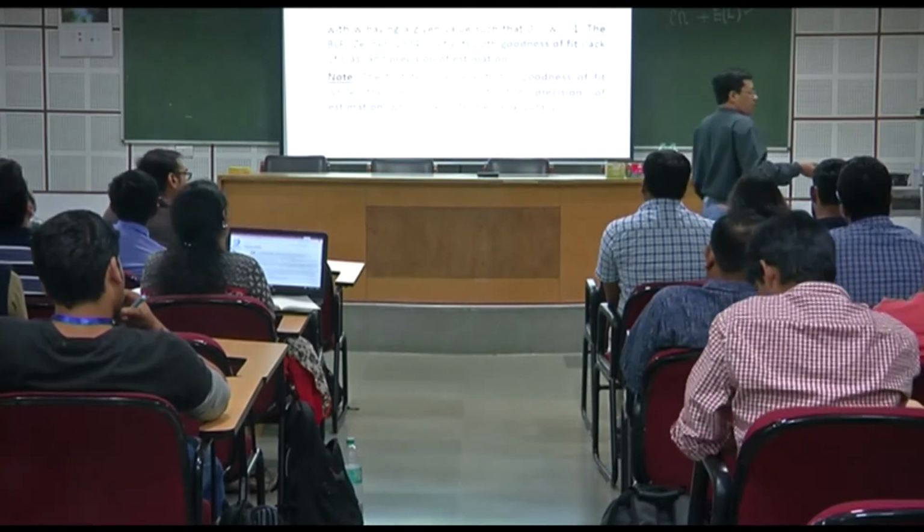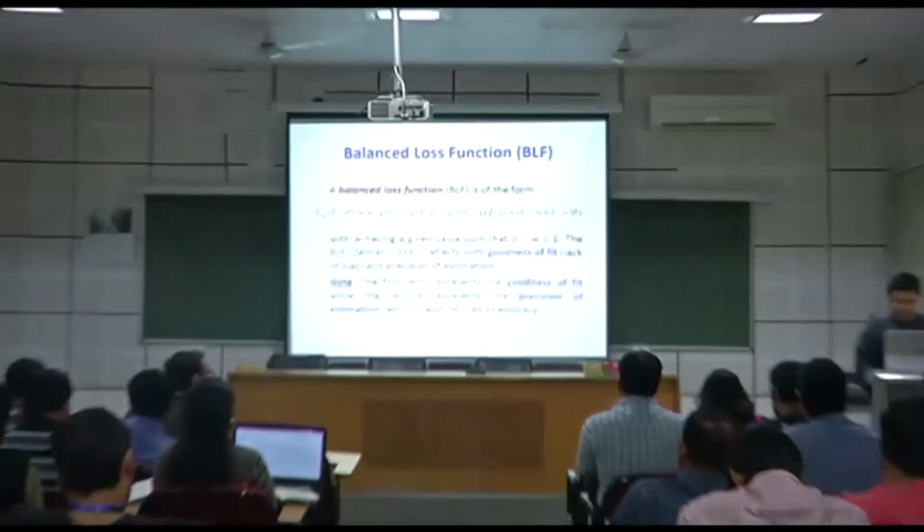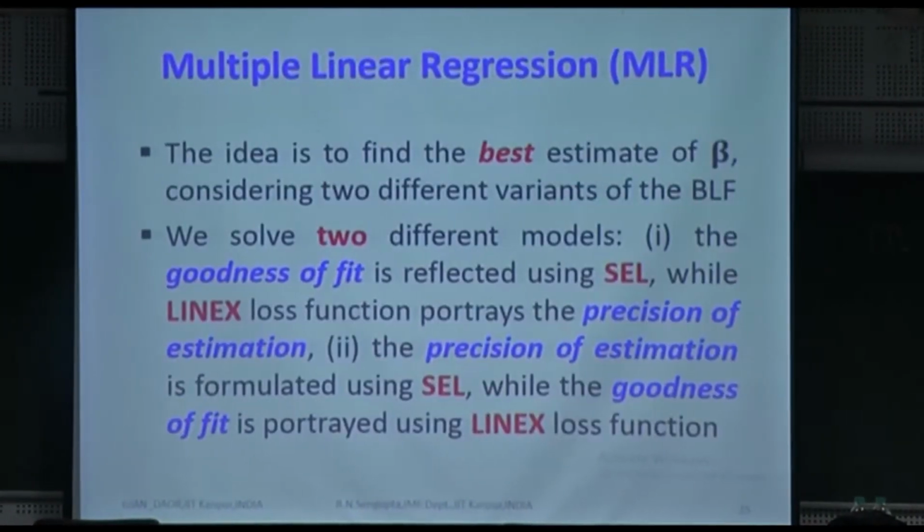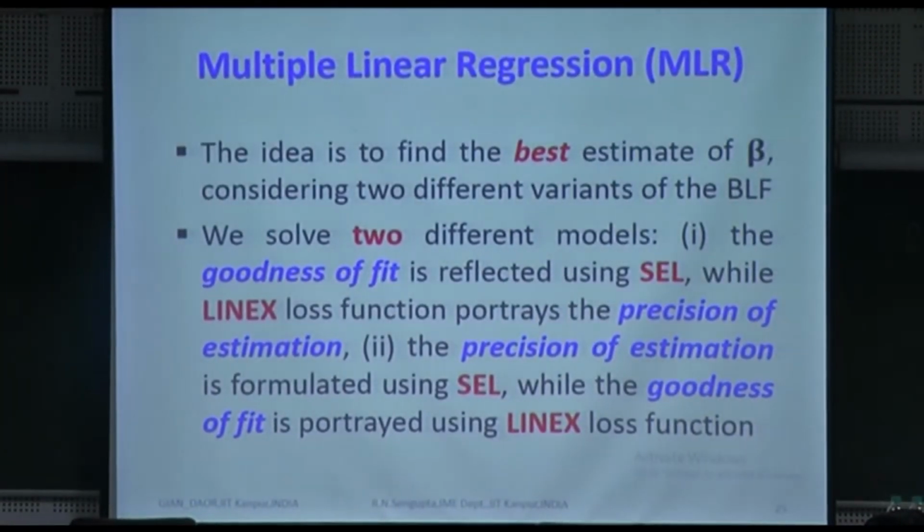So for our case, as I mentioned, we want the best estimate of beta which I want to estimate. It is a multiple linear regression, so I am using beta. And the 2 different models are as stated.